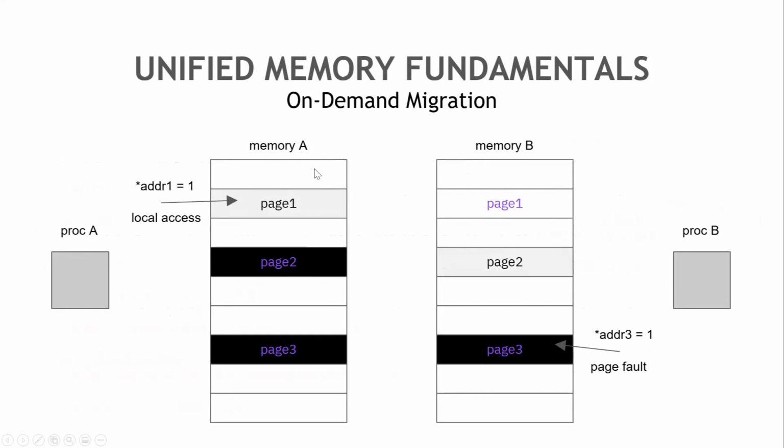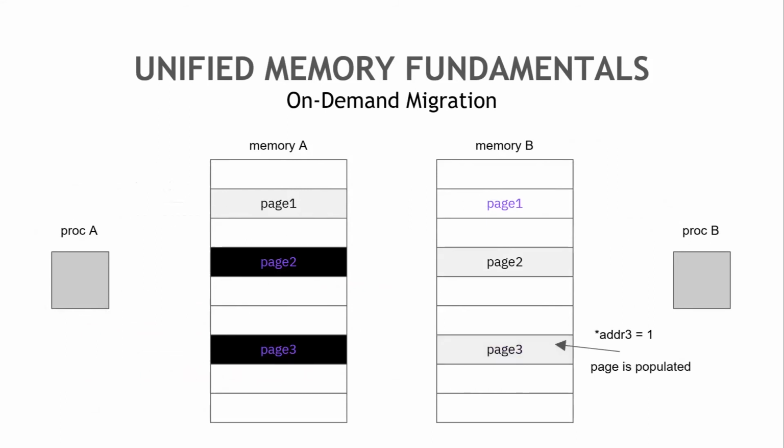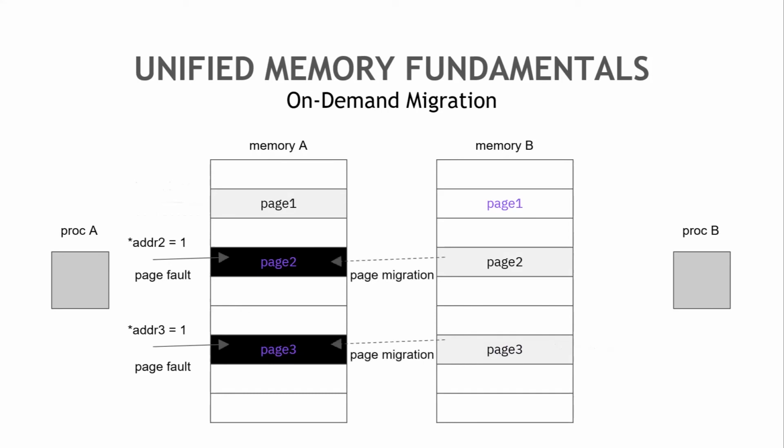So here we have two memories that should be identical in the local cache. Each time something is addressed or written, we mark the page dirty on the other side, and when it's accessed on the other side, a page migration is requested.